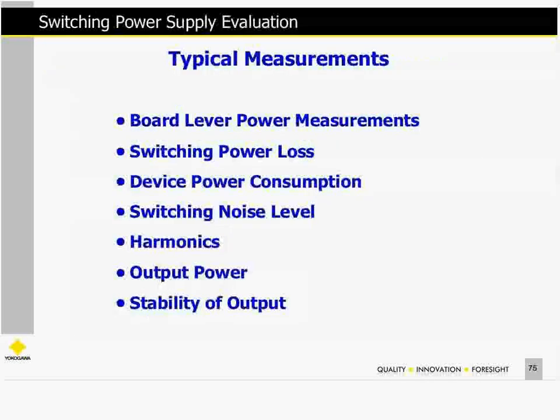Typical measurements we might do with a scope are board level power measurements. This is probably the best application when we're doing board level work. Switching device, switching component power losses, device power consumption, noise levels. We can do the harmonics, look at output power and stability over time.